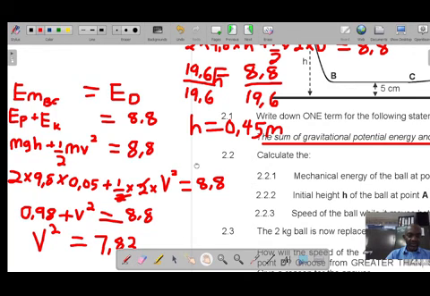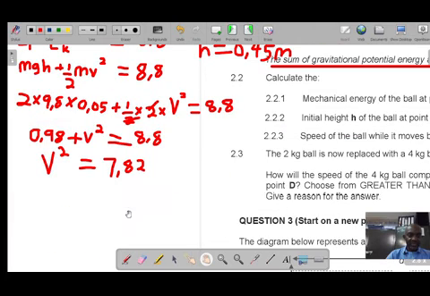Now, how do you get v from here? I'm going to square root both sides.